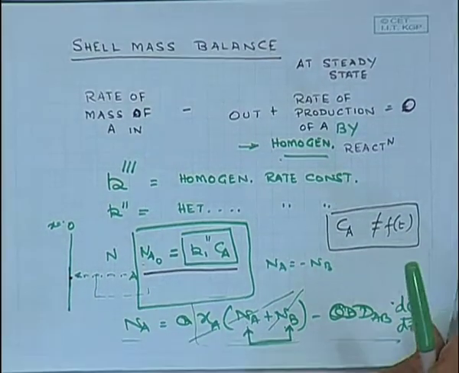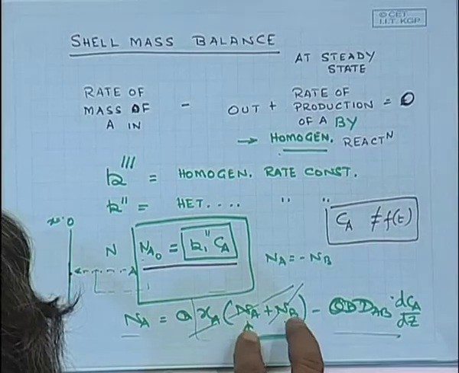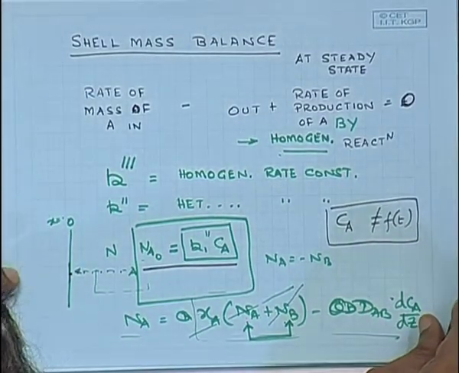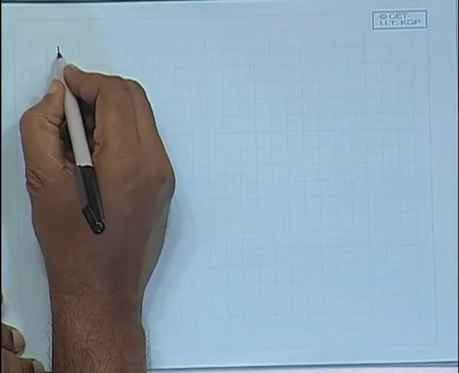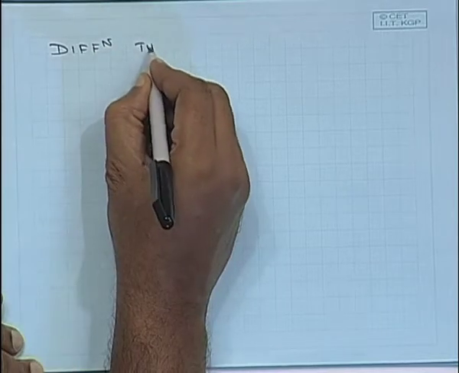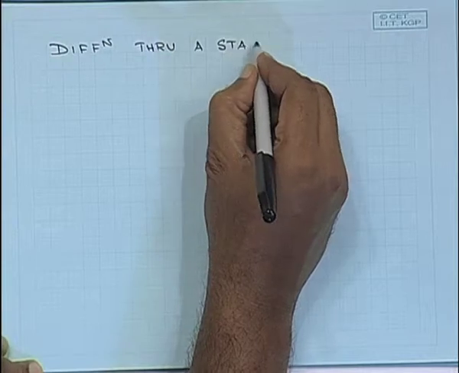I will give you an example of why the relation between Na and Nb or the magnitude of Nb has to be evaluated first. For that we are going to deal with a system where it is a diffusion through a stagnant gas film.